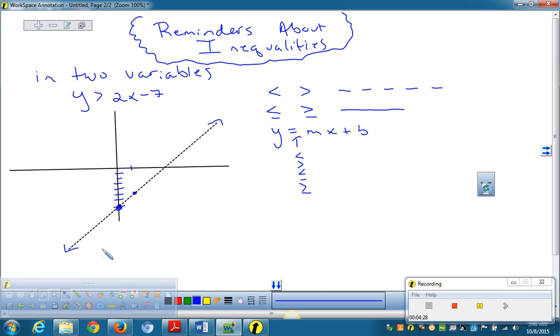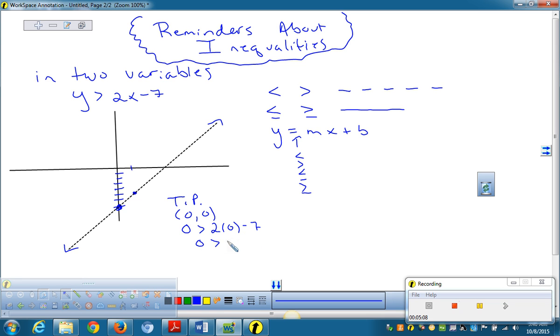Quiet, please. So the shading now, we're either going to shade above or below, and it looks like y is greater than would imply that we would shade above, but what did I do to make sure I shade the right section? Yep, plug in a test point, and if 0, 0 is not on your line, then that's the best test point. So plugging in 0, 0 into the inequality, I get 0 is greater than 2 times 0 minus 7.